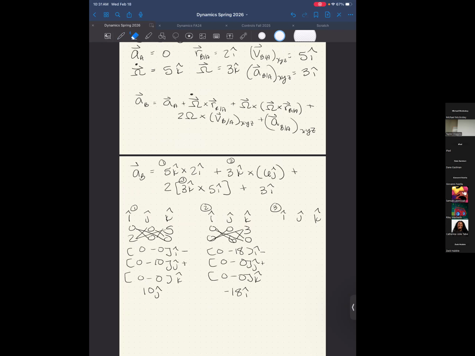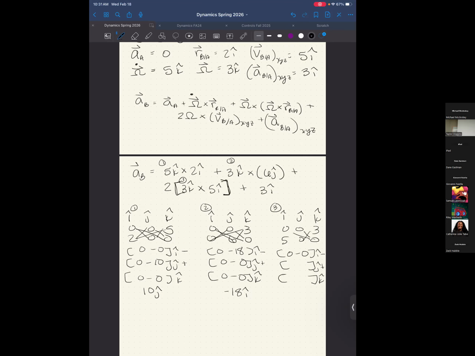Okay, sorry. 3, 0, 0, 0, 3, 5, 0, 0. Minus J plus K. You double check it. Okay. 0 minus 0. Shouldn't it be 6 cross 5? I put the 2 on the outside.